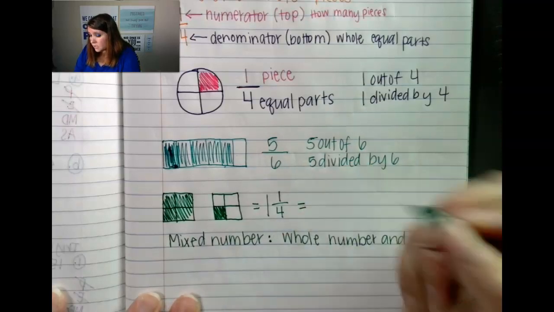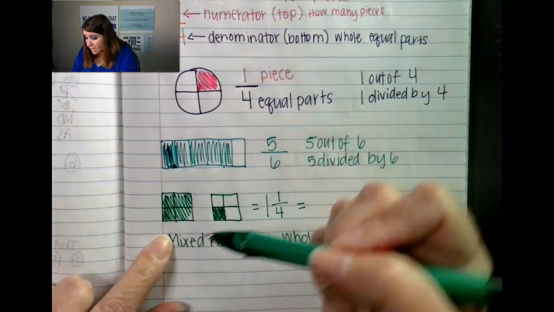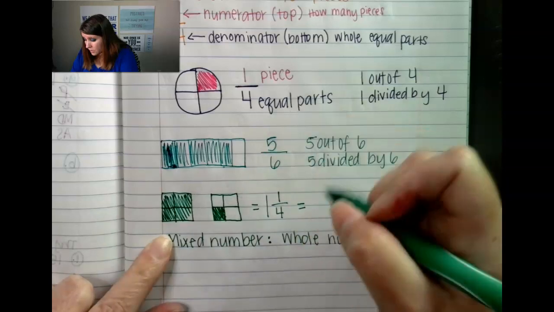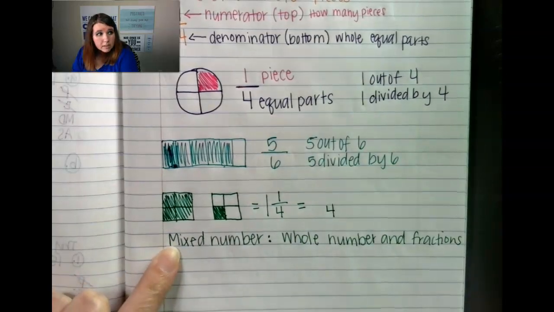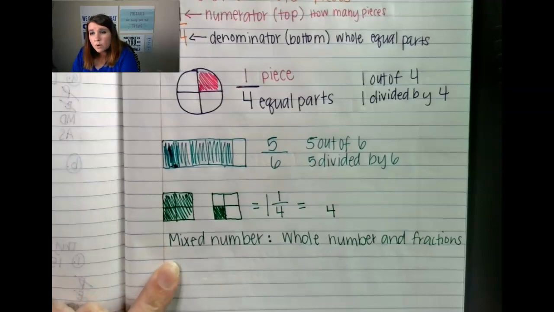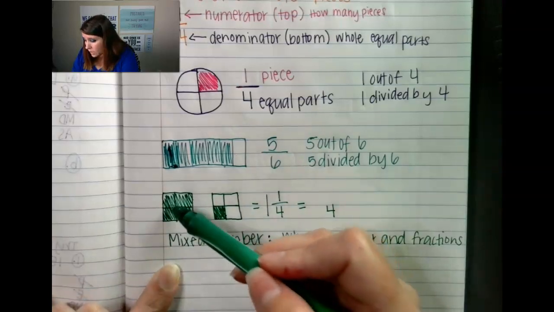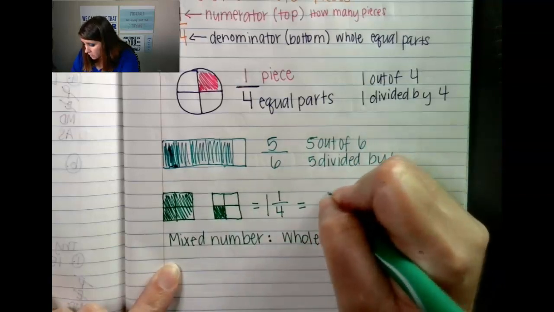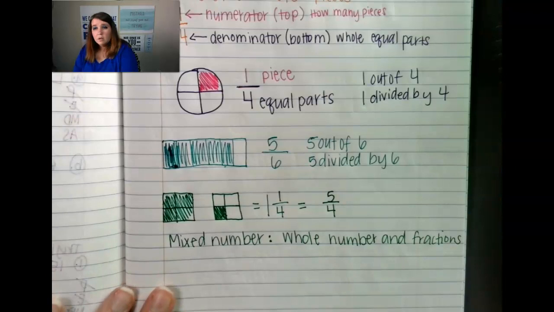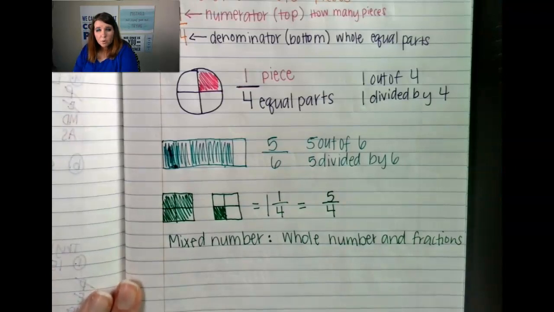I can also say that I had 4th size pieces here. And in my 1/4 size pieces, I had 1, 2, 3, 4, 5 of them colored. And so I had 5/4 colored.